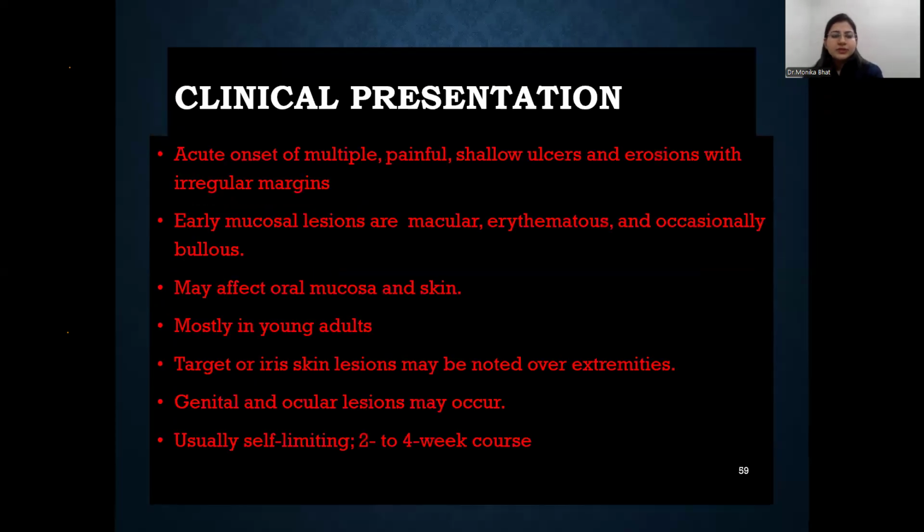Then the clinical presentation. The typical clinical presentation in patients with erythema multiforme is target lesions or iris skin lesions, which can be appreciated in the extremities. In the oral mucosa, the lesions appear as shallow ulcers and erosions with irregular margins. Bleeding or blood incrustations can be appreciated in the patients.